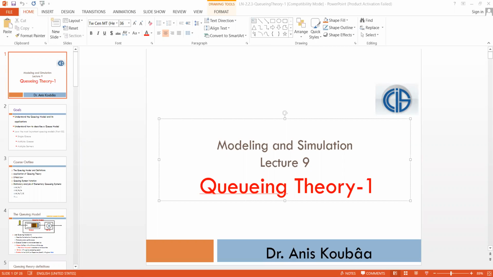Today we're looking at queuing models, okay, which is just a minute. Okay.